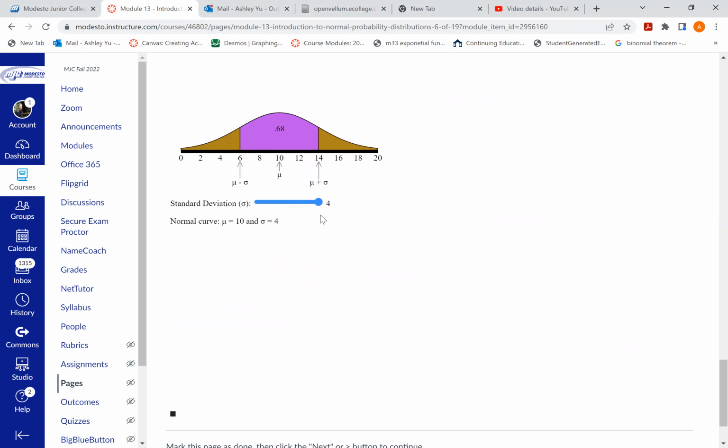No matter what you make the standard deviation, first of all, the area under this curve is always 1. If I make it a narrow curve because the standard deviation is small, it compensates by getting taller. If I make the standard deviation larger, which makes it wider, it gets shorter, so that the area always stays 1. And also, no matter what, the inflection points stay at mu plus sigma or mu minus sigma.